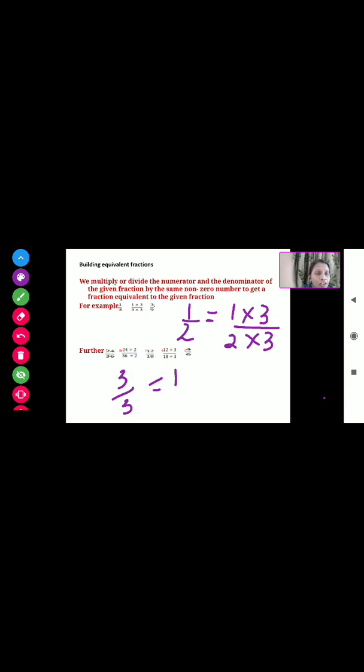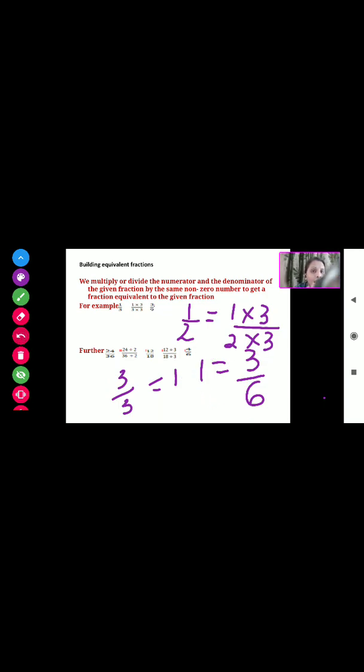So there will not be any effect of this multiplication on the fraction. Our value of the fraction will remain same. So what will be the answer? 3 by 6. So 1 by 2 and 3 by 6 both are equivalent fractions.